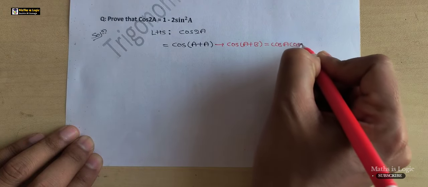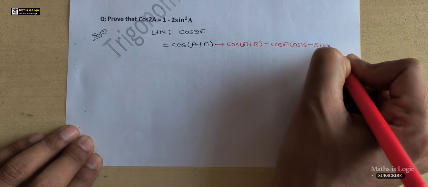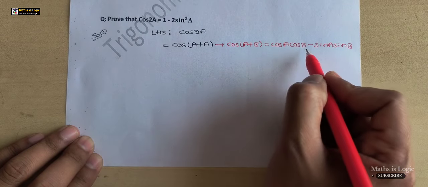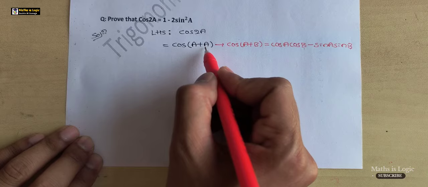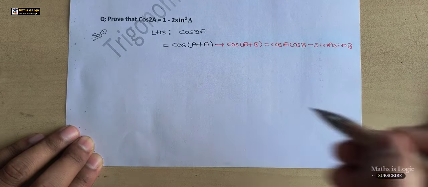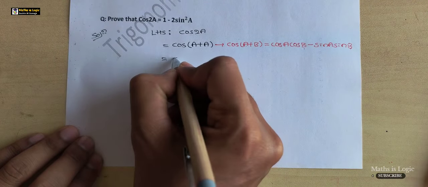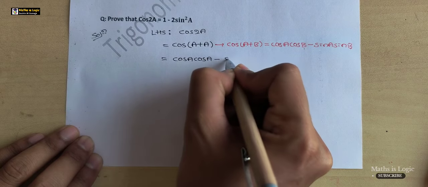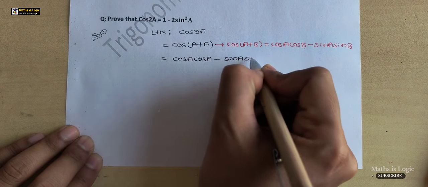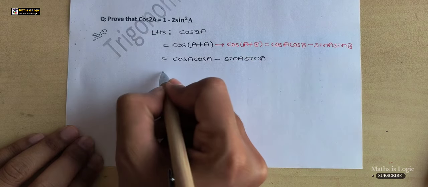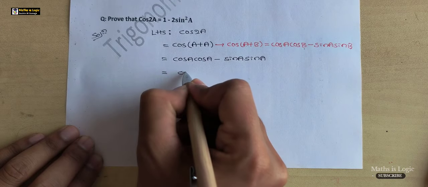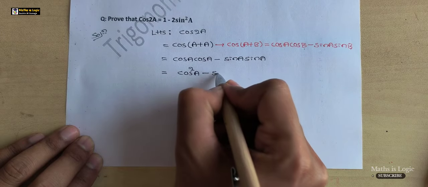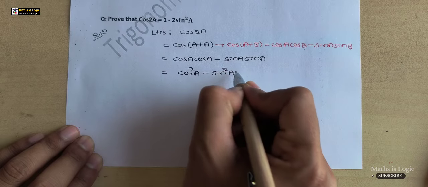Cos a cos b minus sin a into sin b. Next same, wherever b comes in the right hand side, replace by a. So which is equals to, this becomes cos a into cos a minus sin a into sin a, which is equals to cos into cos becomes cos square a minus sin into sin becomes sin square a.